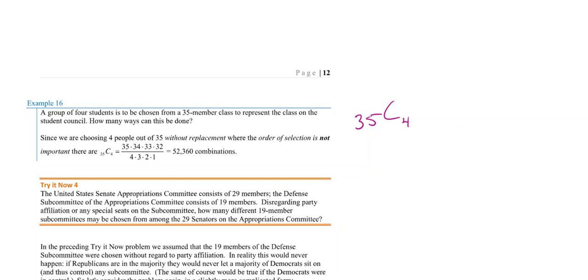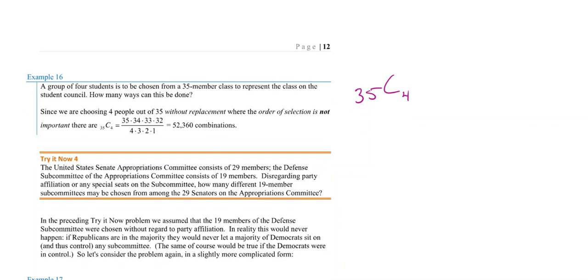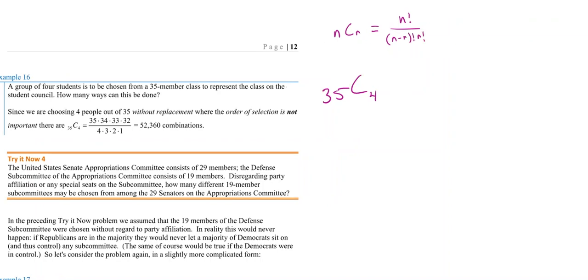If we're writing this out though, let's write out our actual equation. So 35C4, oh here, I'll write out the equation again. Our equation is NCR is equal to n factorial over n minus r factorial times r factorial.